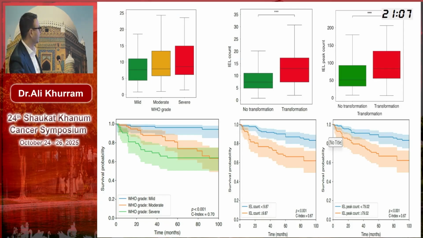And this is the main area of diagnostic problem. Whereas if you look at just intraepithelial lymphocytes, it looks like you can very easily stratify these lesions into high risk and low risk with regards to their malignant potential. And this is perhaps something that we can start encouraging people to use in their practice, even if it's manual IEL counting.